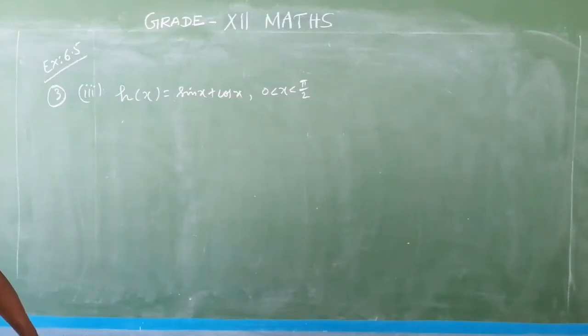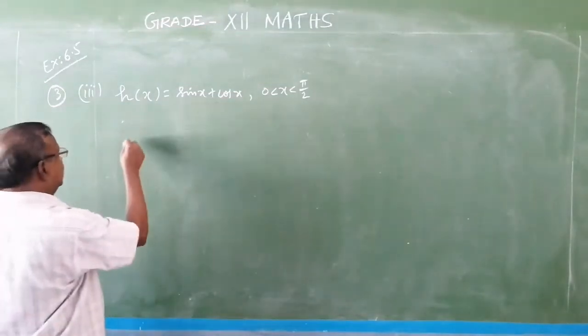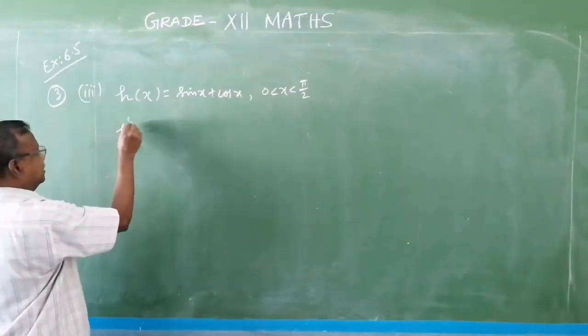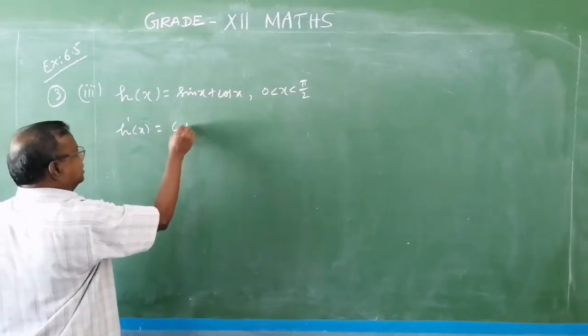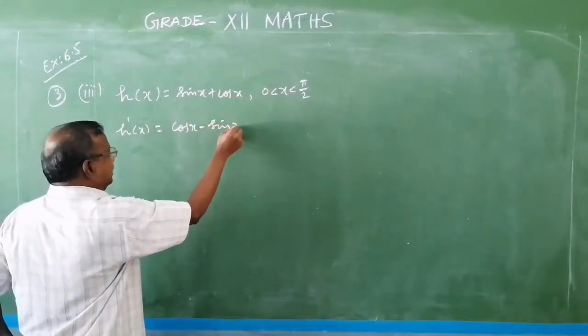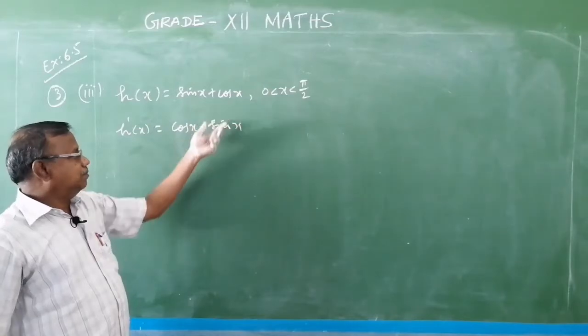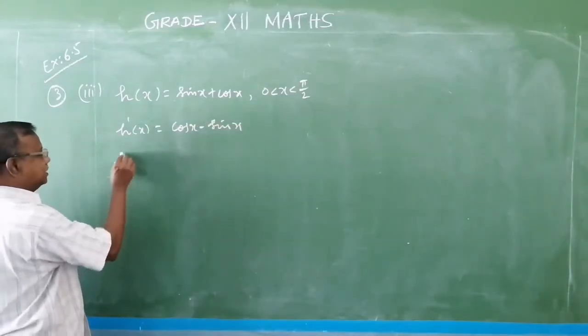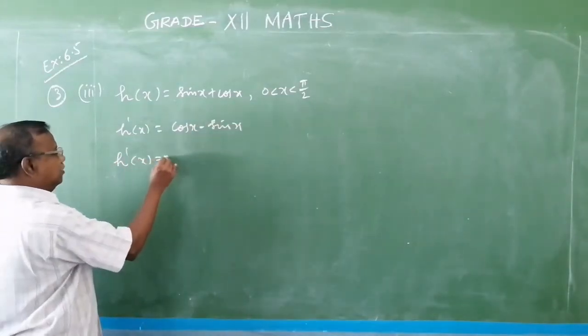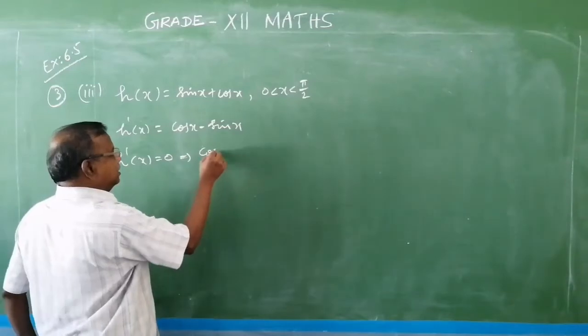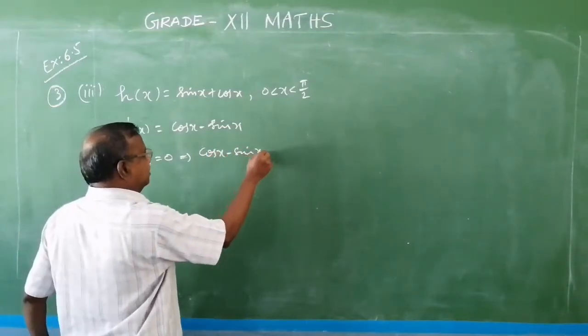Now, according to our working rule, we have to differentiate once first. So, h dash of x equals cos x minus sin x. Differentiating sin x is cos x and cos x is minus sin x. Now, equating h dash of x equal to 0, we have cos x minus sin x equals 0.